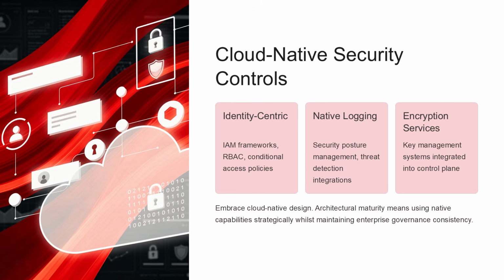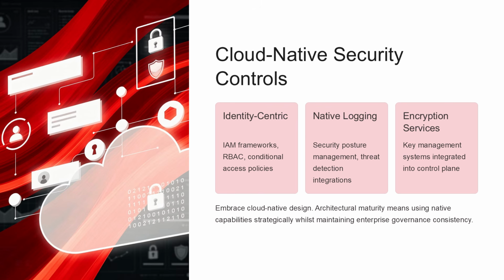Instead of replicating on-premises security models in the cloud, you must embrace cloud-native design. For example, rather than deploying traditional network firewalls everywhere, you can design identity-centric access policies combined with platform-native network controls. Rather than manually managing encryption keys, you can use cloud key management services integrated into applications.